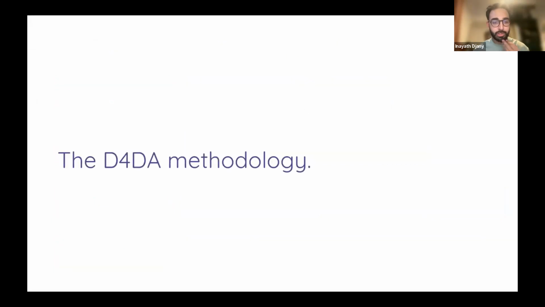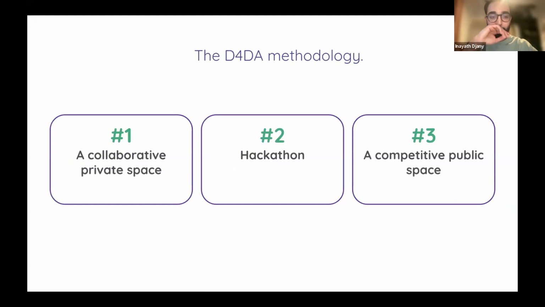I'm going to give you a short presentation of the project methodology. We have 3 steps in this project. We have a collaborative private space, which is the place where we organize workshops together, bringing together startups, agri-tech, farmers to identify the business problems that can be solved with data science.